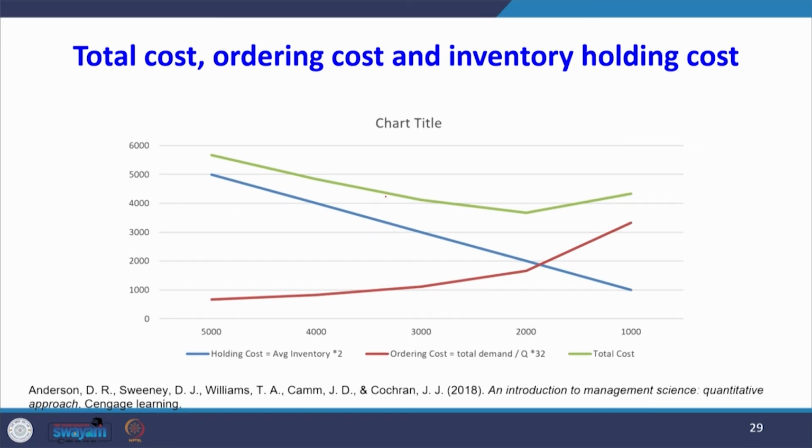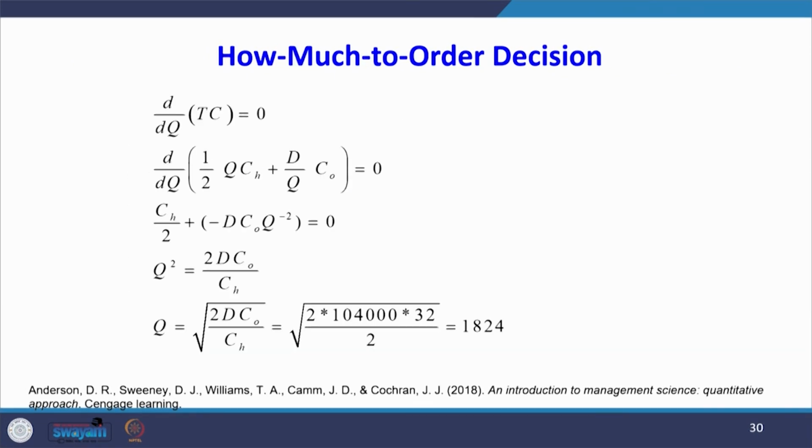So, that is the total cost, the sum of these, the green color says the total cost. Approximately here we are getting this Q star, approximately 2000 units. So, we can derive the value of Q, which we call Q star, from the expression of total cost.